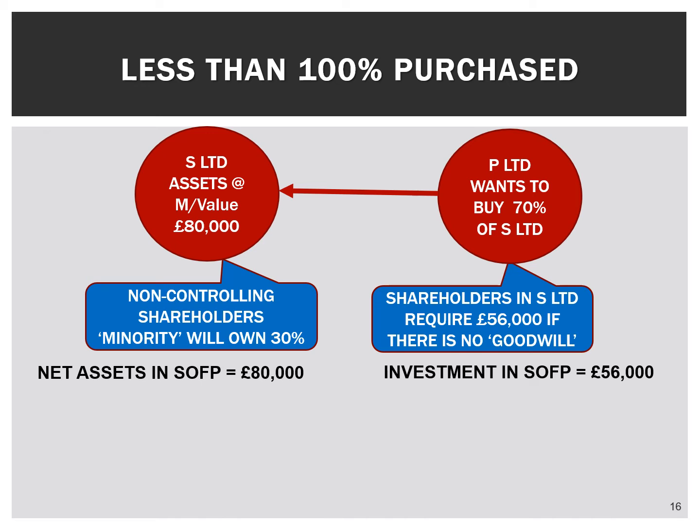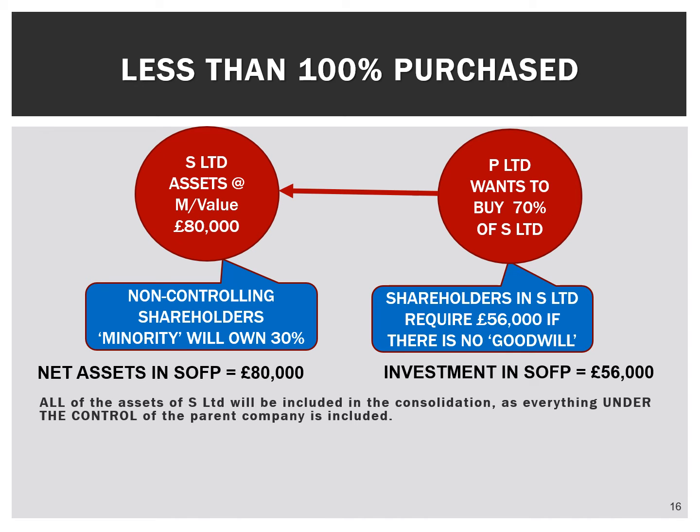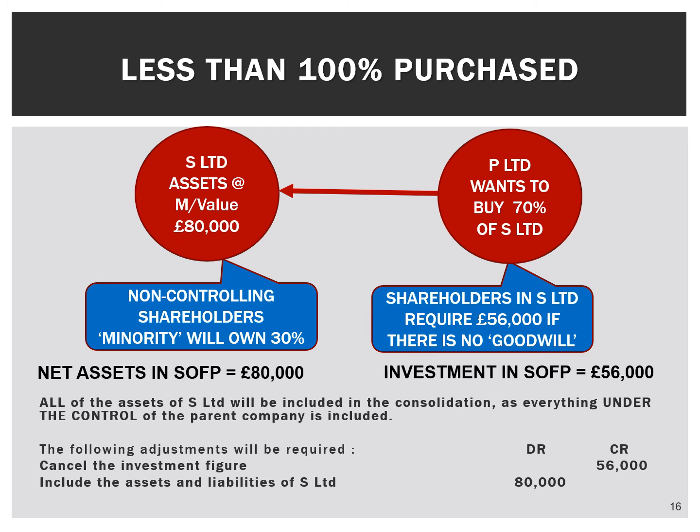Now, remember, in the consolidated balance sheet we show the whole of S Limited's assets because we're showing assets under our control, not assets owned by the parent company. So if we think of it as a double entry, then we're going to cancel out the investment figure in the parent company, so that £56,000 will disappear. We're then going to add into the balance sheet all of the assets and all of the liabilities of S Limited, and that's going to give us a total of £80,000.